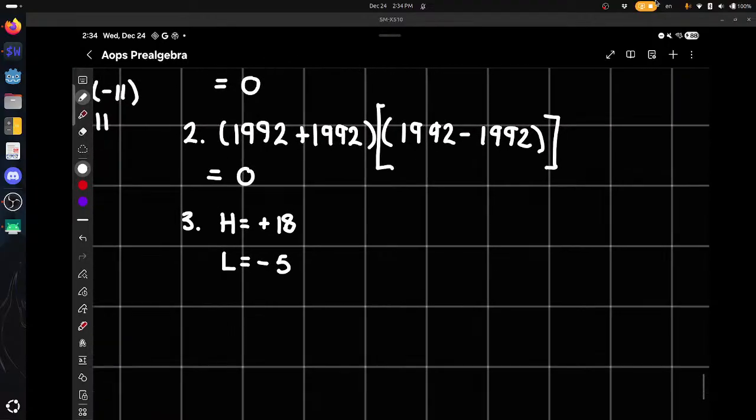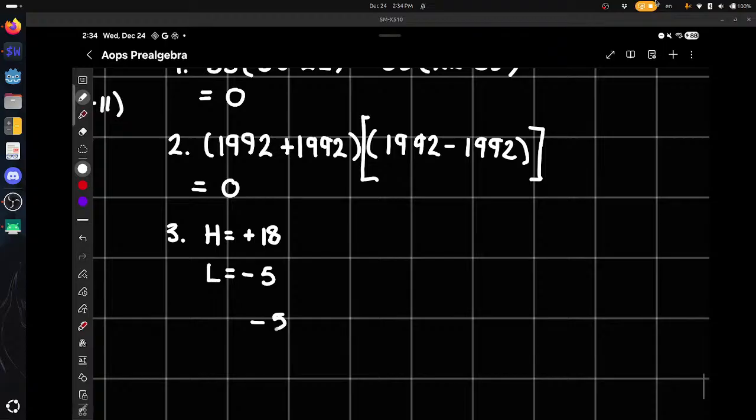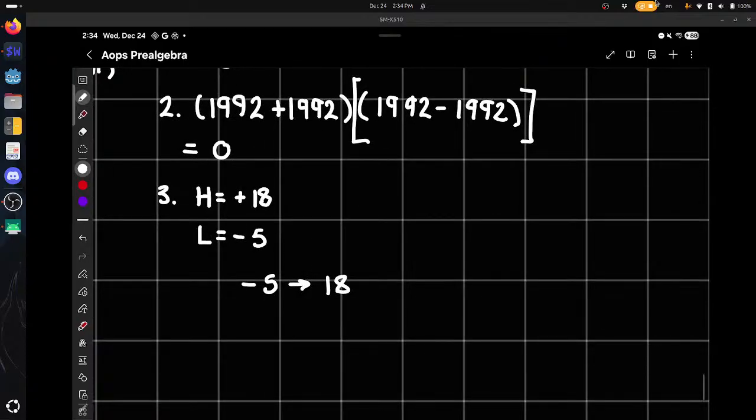By how many degrees? So what did it take for us to go from -5 to positive 18? If we see this on a number line, we start from 0 and end up at 18. And then I think the answer is really just this. So it took us 23 degrees.